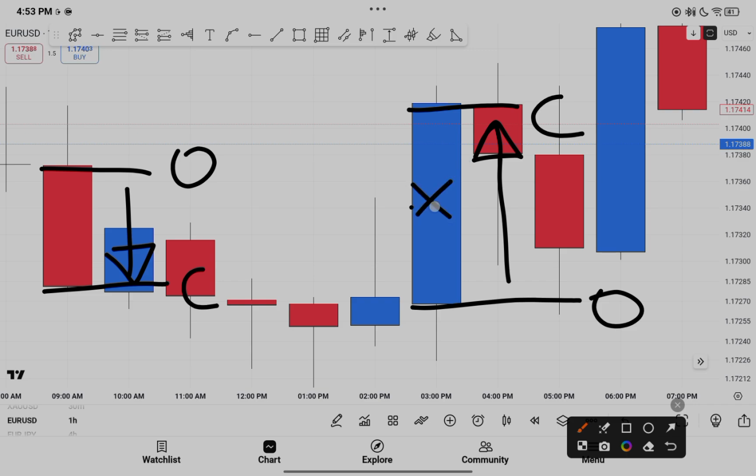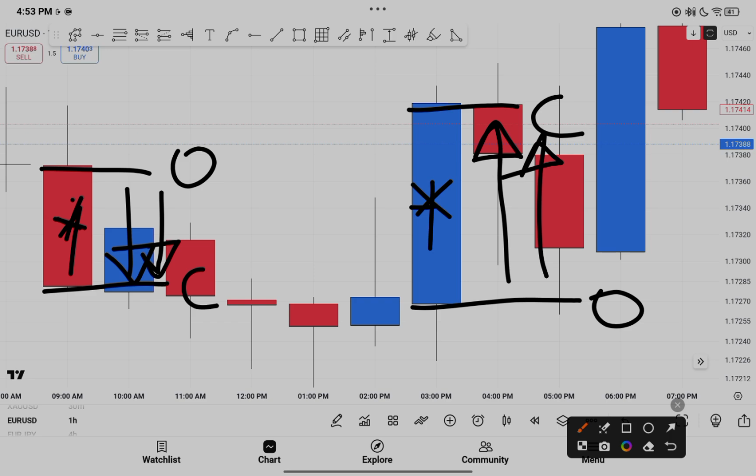So when the closing price is lower than the opening price, it forms a bearish candle, and when the closing price is higher than the opening price, it forms a bullish candle. Please take note of that.